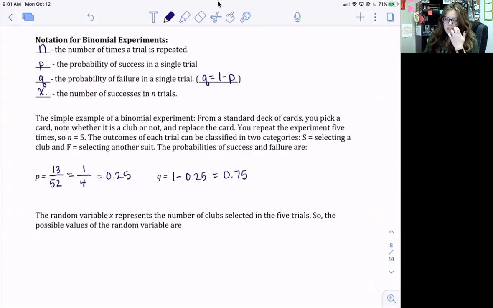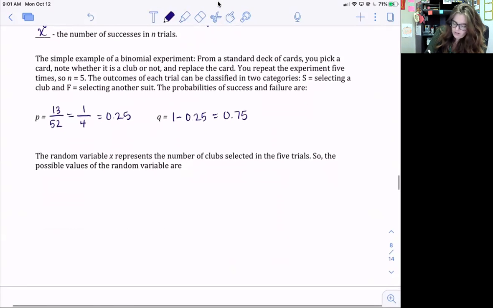The random variable x represents the number of clubs selected in the 5 trials. The possible values of x are 0, because we could get 0 clubs, all the way up to 5.